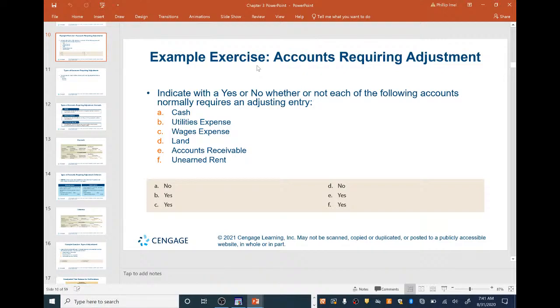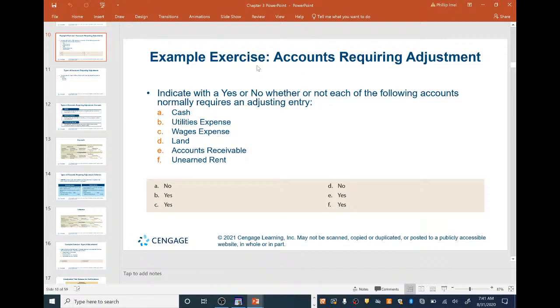It stays on the books as that price unless we sell that piece of land or if we would construct on it. Accounts receivable, yes, they're going to need to be adjusted at the end of the period because we need to set up an allowance for doubtful accounts that are going to net against accounts receivable, and there could be some collections that we need to adjust as well to account for.